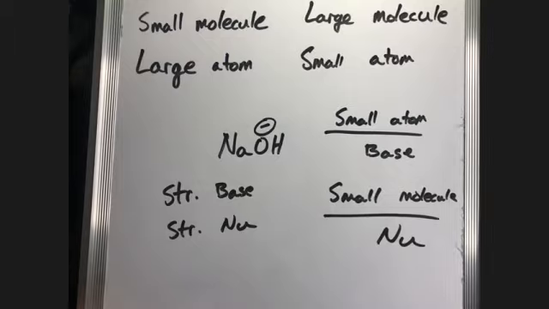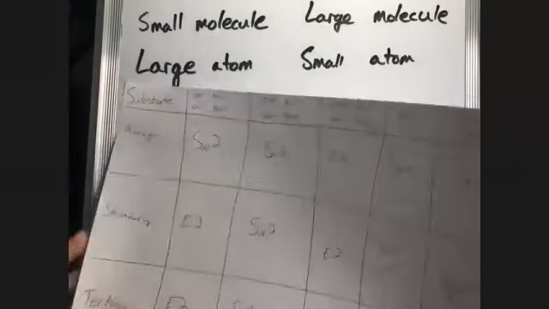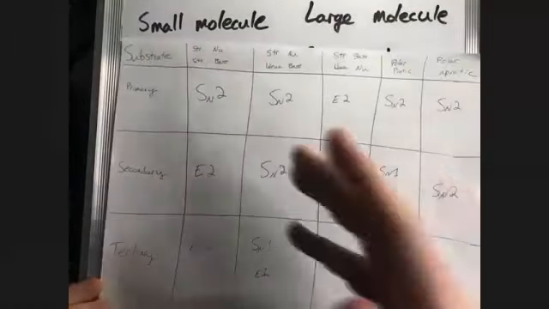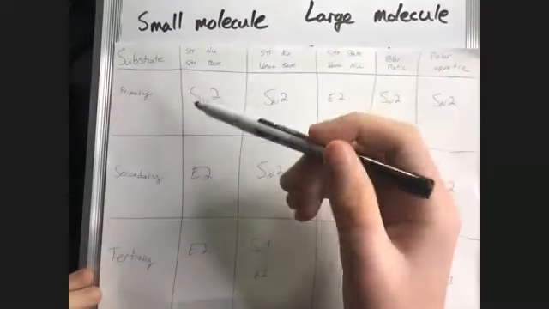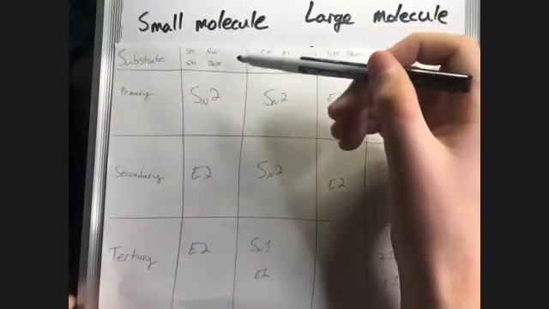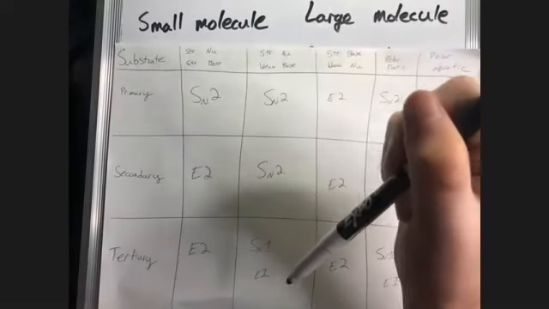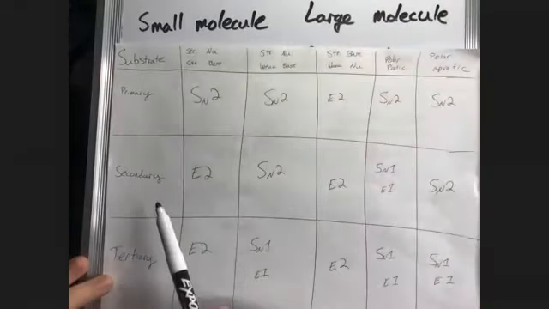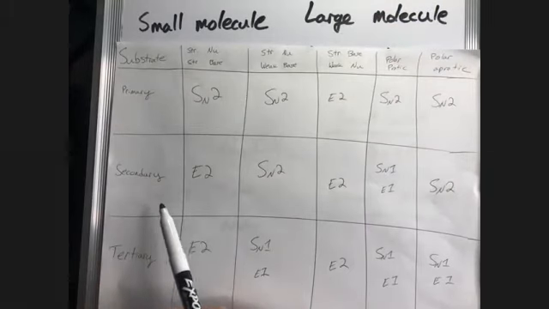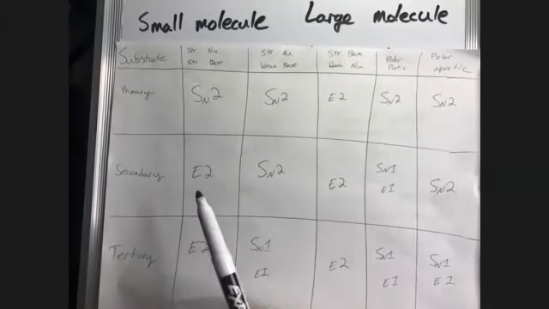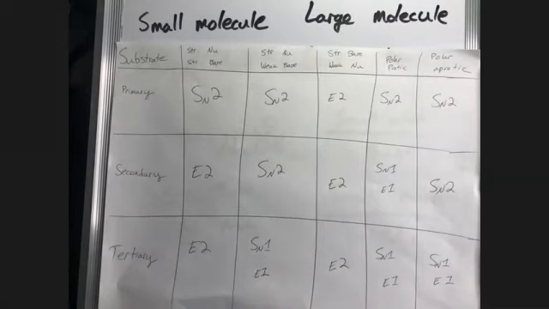And this is the first column in my table, where you have strong nucleophiles, strong bases. Primary is always going to be SN2, but any other case is going to be E2. The reason that in secondary alkyl halides, when you have this ambiguous reagent, you get E2, is again because acid-base reactions are faster than substitution. So given the option, elimination occurs.